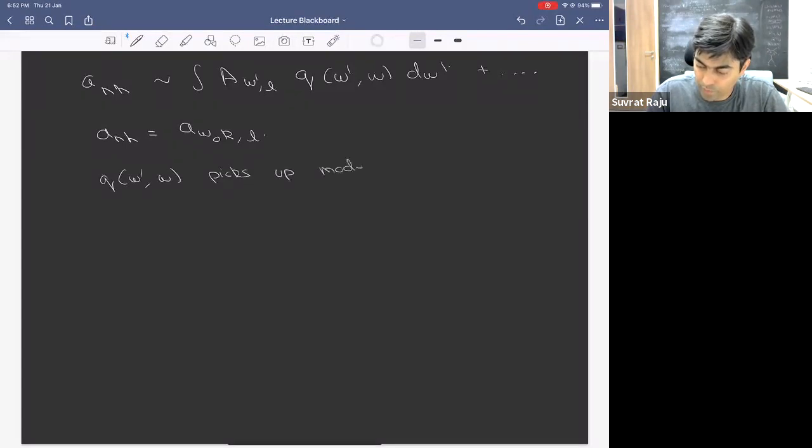modes only from near A omega. Sorry, I made a slight mistake in my notation, which I'll fix in a second.